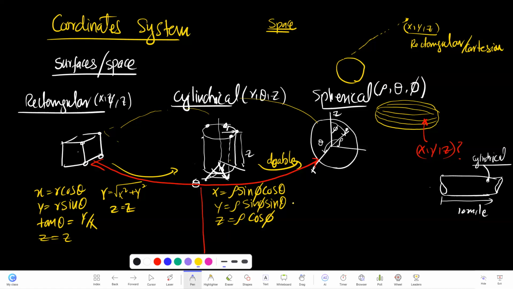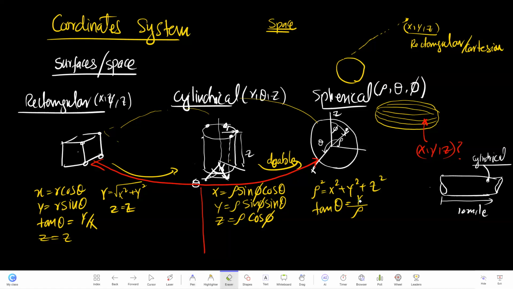The other way around, if you want the spherical from rectangular, you're going to be writing like this. Or you can just say tangent theta equals y over x.